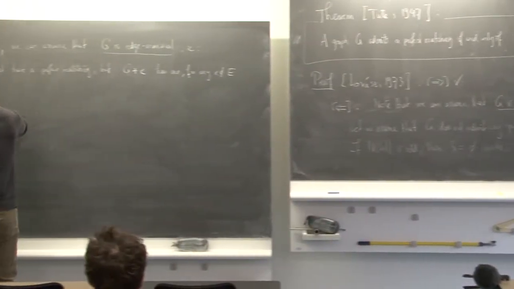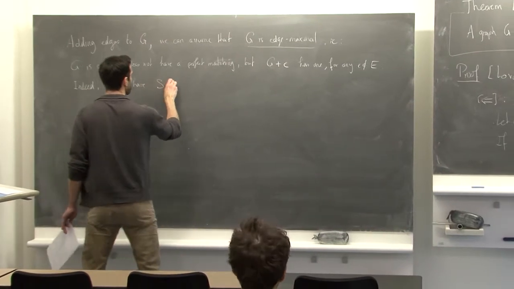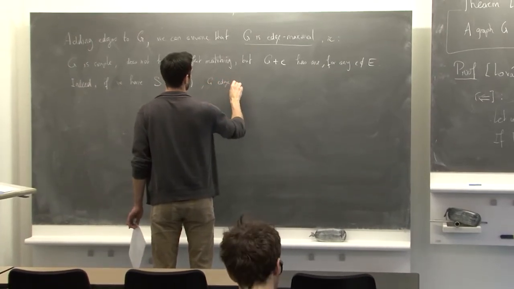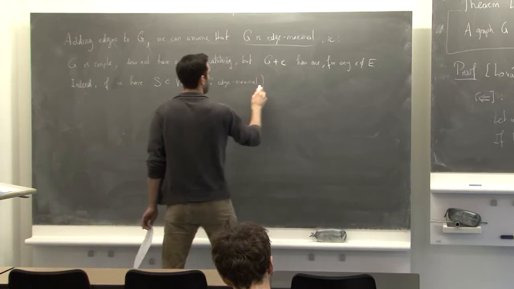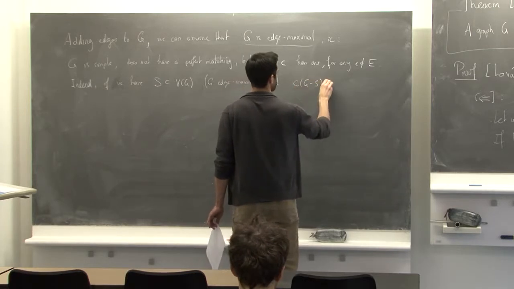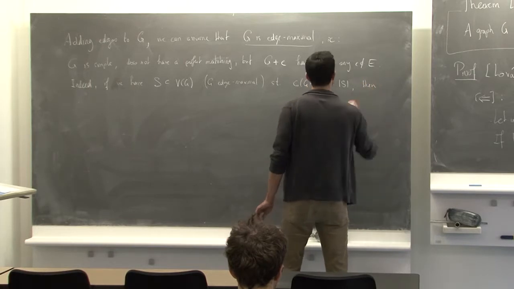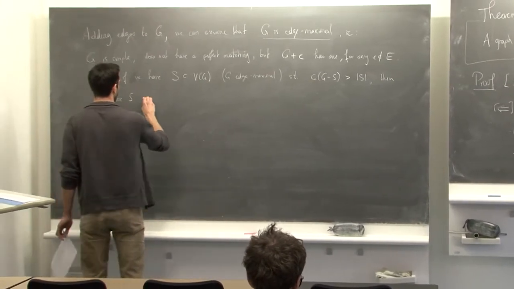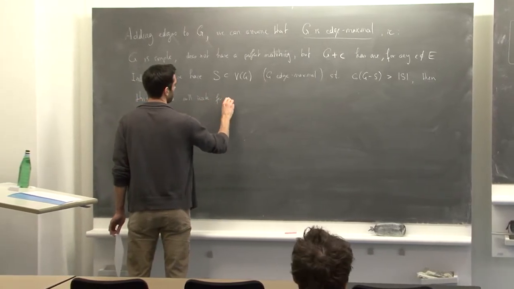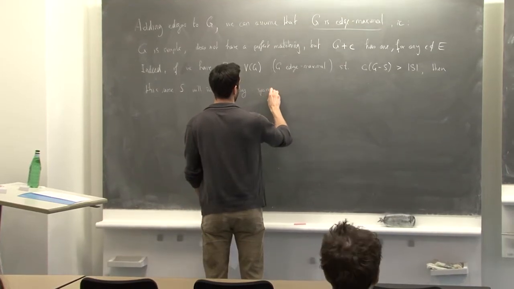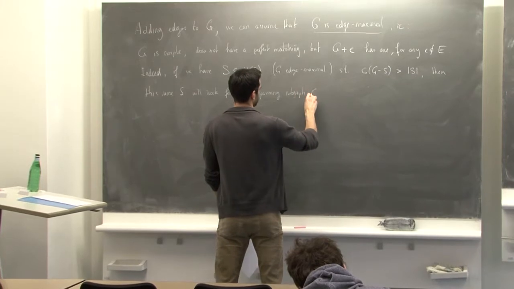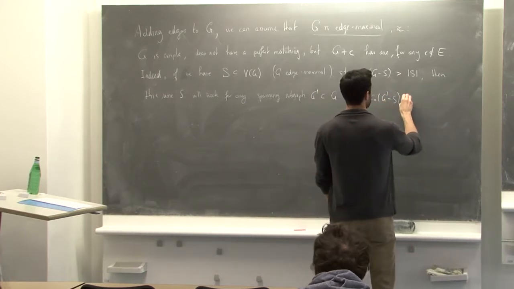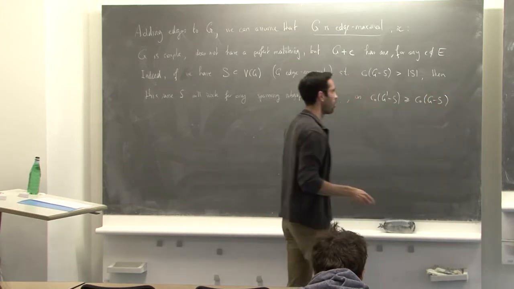So if we have an S in the vertices of G, G edge maximal, such that c0(G − S) is strictly greater than |S|, then this same S will work for any spanning subgraph G' of G, as c0(G' − S) is greater or equal to c0(G − S). So do we understand this?